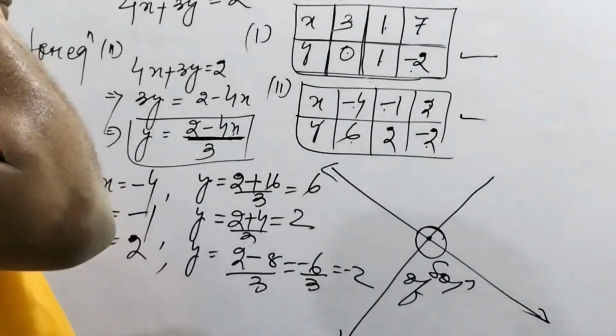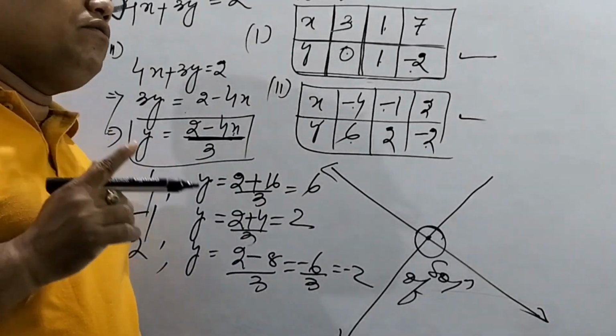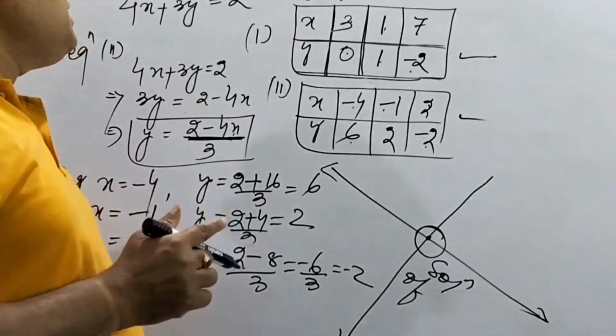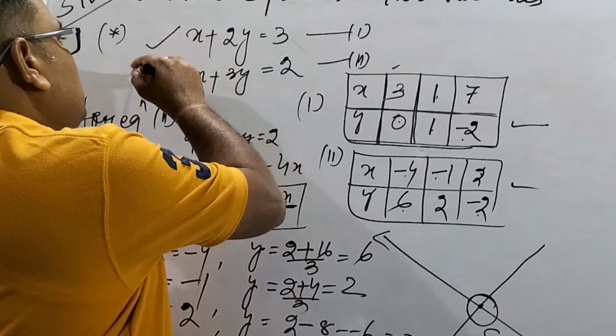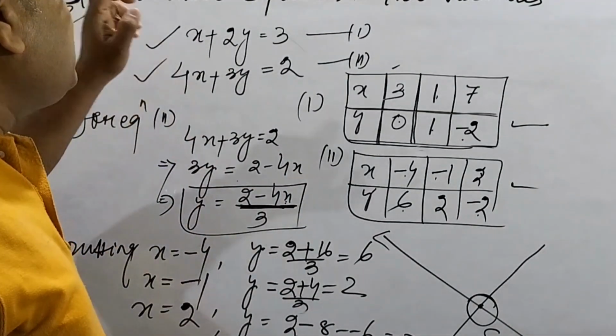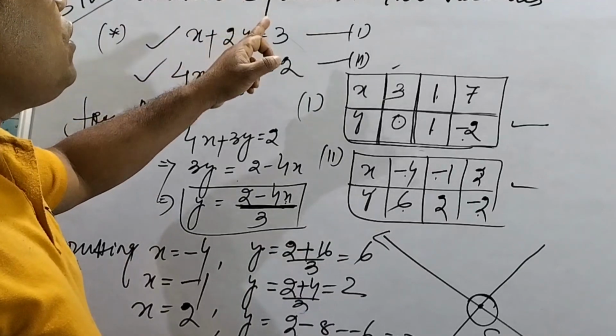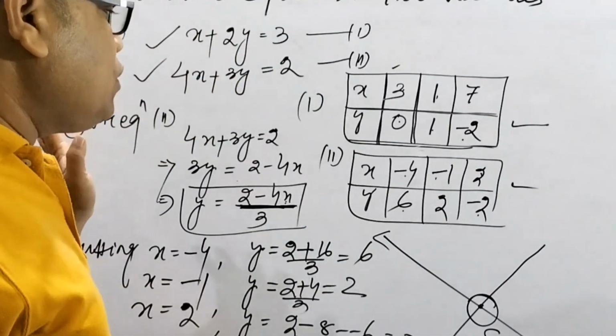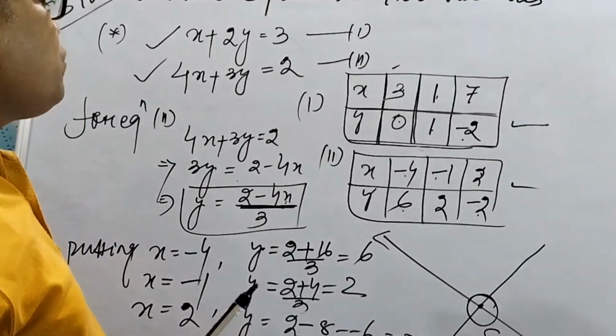What do you mean by solution? Solution means you will get the value of x and y that will satisfy both the two given equations. This is called the solution of a system of linear equations or a system of simultaneous linear equations. Okay, come to the next question, please.